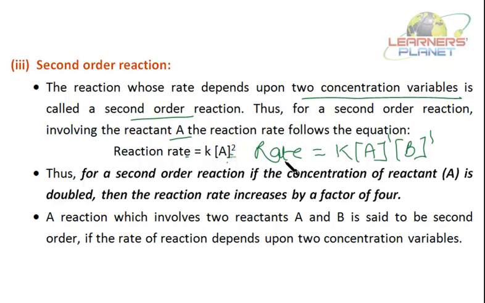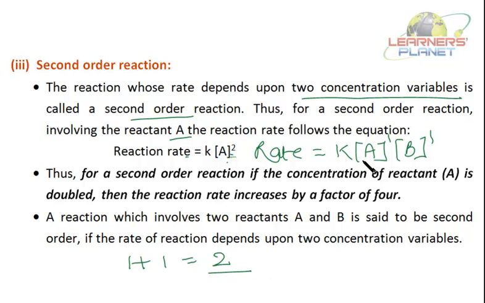That is, the reaction is first order with respect to A and first order with respect to B. The change in molar concentration of A is affecting the rate, and the change in molar concentration of B is also affecting the rate. Now the overall order is 2, that is 1 plus 1 giving me 2.